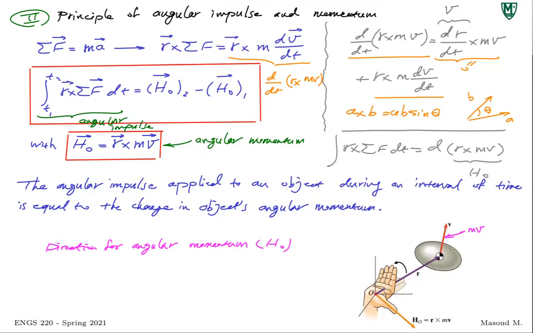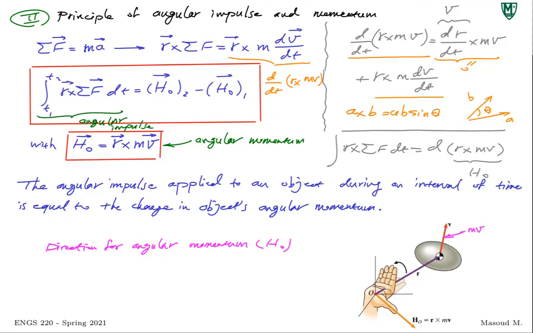Now in angular momentum, we find the cross product of r, the position vector of wherever the object or particle that we're studying is in some coordinate frame, and velocity as a vector. And that was the main difference between the principle of angular impulse and momentum and the principle of linear impulse and momentum. Over there was no discussion of position.